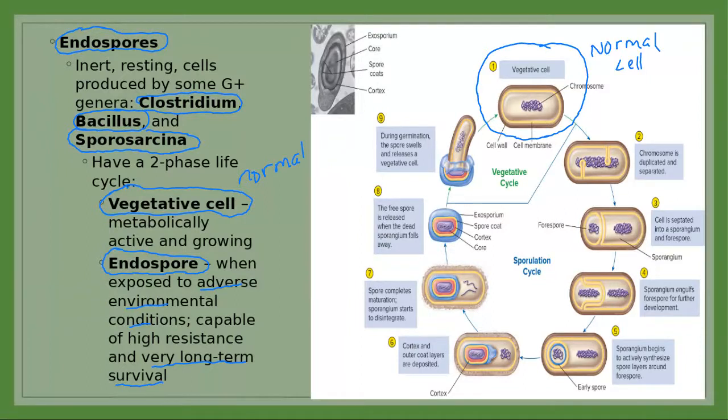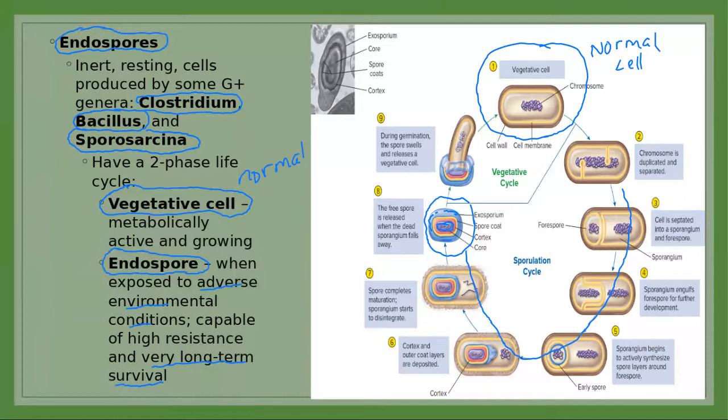But if the condition is not good, if it is very difficult, maybe very dry or very cold, for example, then they start this cycle, which is producing the endospore. This is the endospore over here. If you see, the cell is protected by a very thick layer that protects the cell from any bad condition of weather or environment.